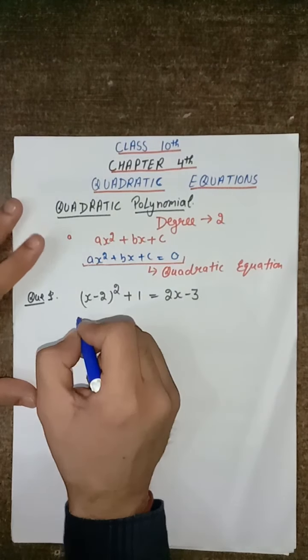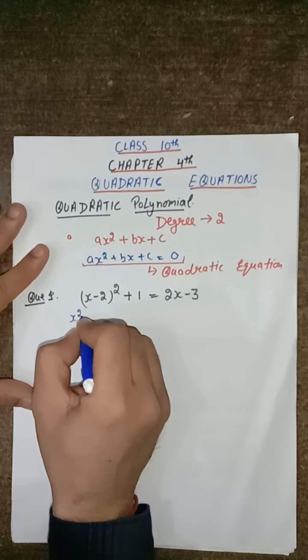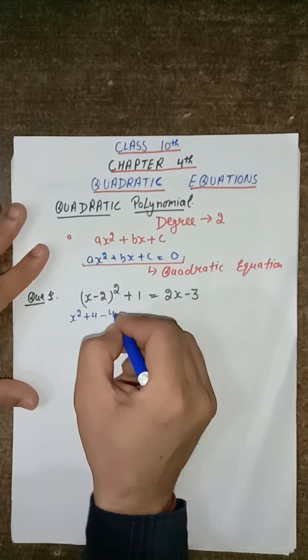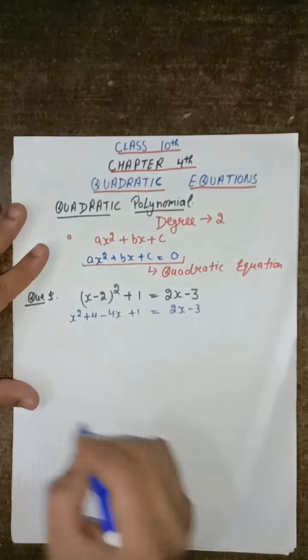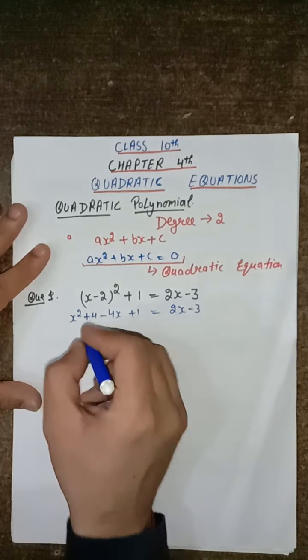First simplify this. This is (a minus b) whole squared, so a squared plus b squared minus 2ab, plus 1 equals 2x minus 3 as it is. Now move this 2x minus 3 to the left hand side.